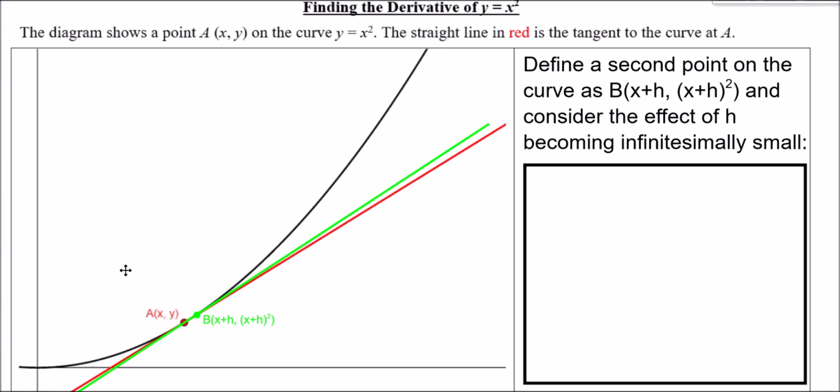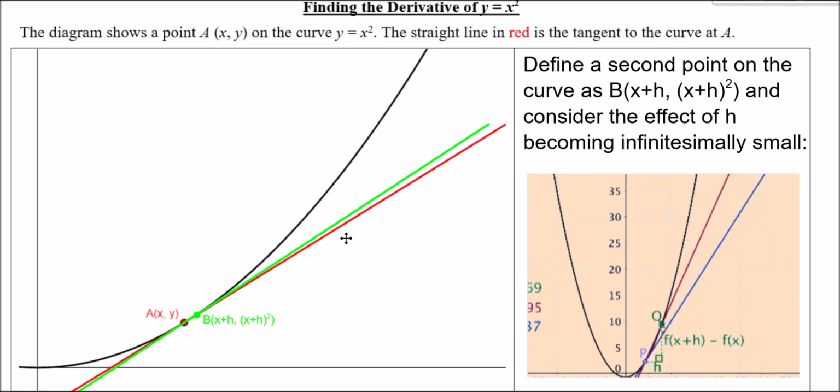Now that's just one curve, y equals x squared. I'm going to try and convince you that that's the case for all curves. So here's a different one I found earlier. Looking at this animation, we can hopefully see that it works for any curve. This is a different quadratic. Instead of AB, this is P and Q. The blue line is the tangent.